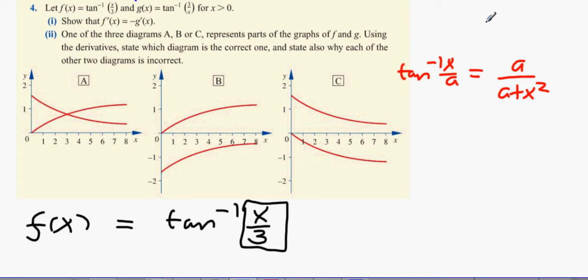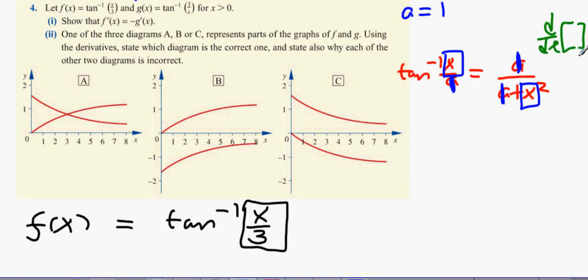What we have learned off by heart is that a always equals 1. So we're replacing a with 1 right away, and whatever is in this box is counted in the x position. So what's in the box is x over 3. And we also remember we've got to differentiate whatever is in the box at the end.